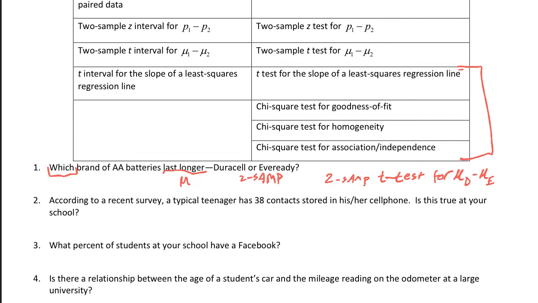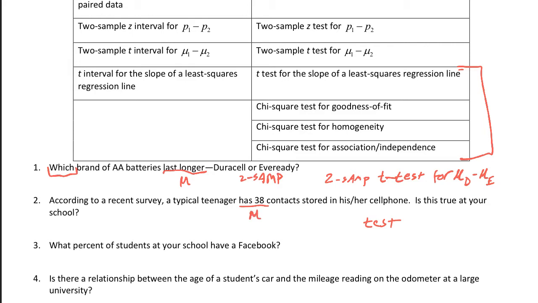Number 2. A typical teen has 38 contacts. Is this true at your school? So definitely a test. That sounds like a mu initially. It's not a P, because I have an average.